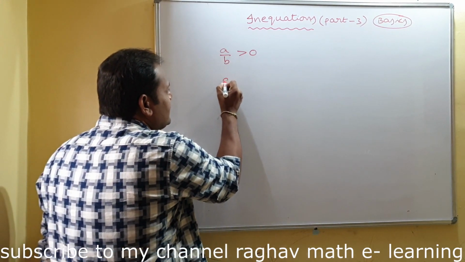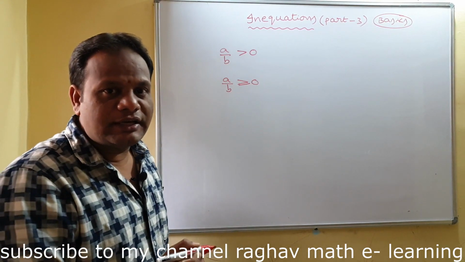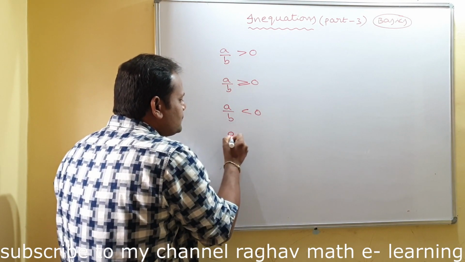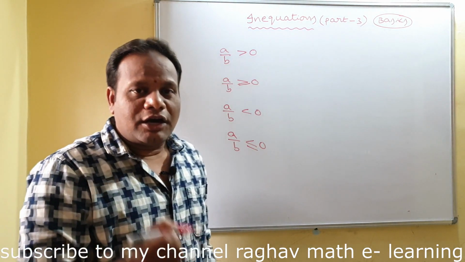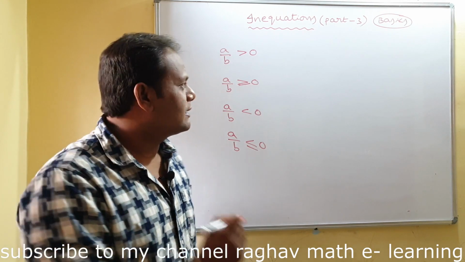Or if it is a by b greater than or equal to 0, how to solve the inequation? Or a by b less than 0, a by b less than or equal to 0, then how to solve such type of inequations?